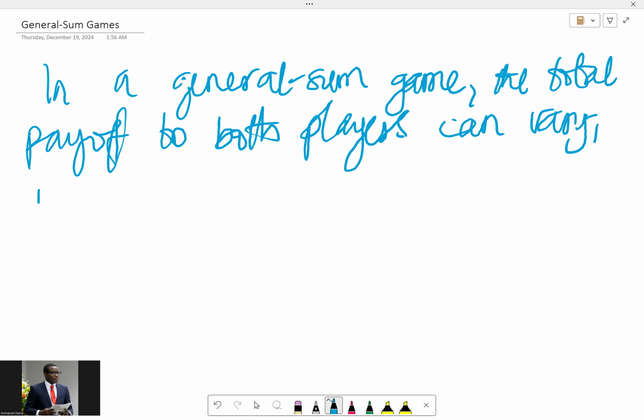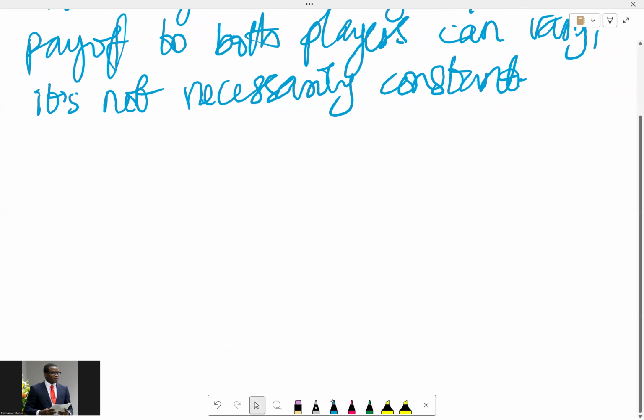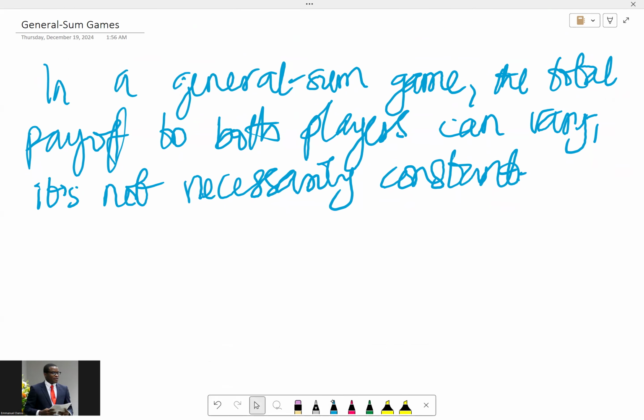Okay, it's not necessarily constant. So that's the general idea about general sum games.